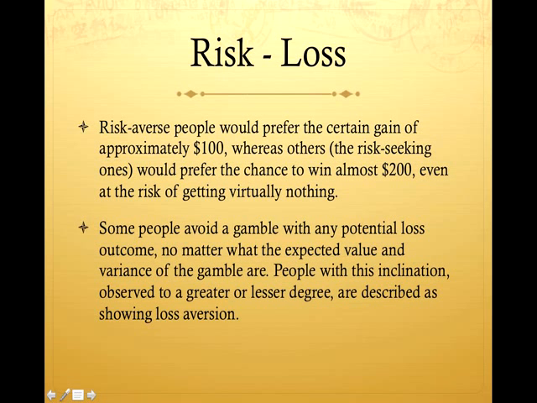And this one's a little harder. Most people are loss averse. They don't like to lose things. So if you give people a gamble of you'll lose $100 or you might lose $200, loss averse people tend to pick the you might lose 200 because I might not lose anything.